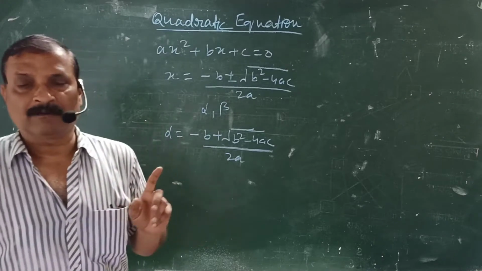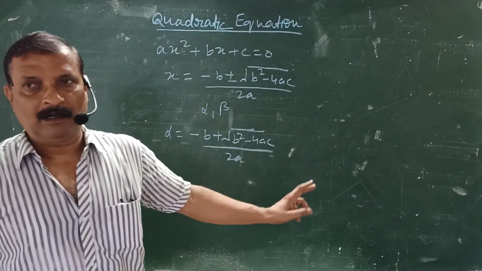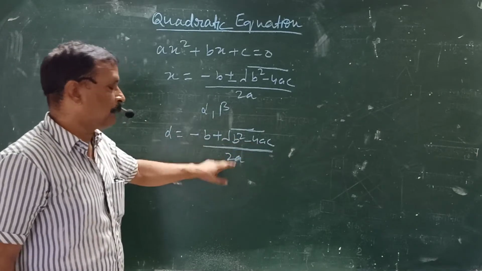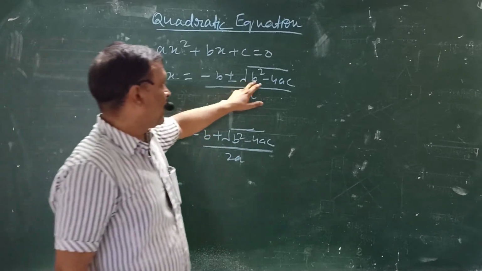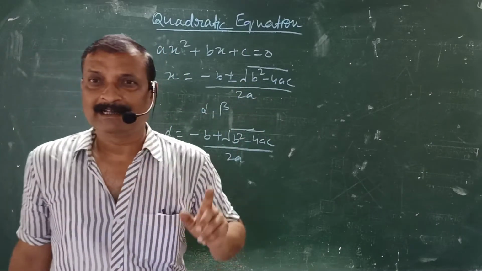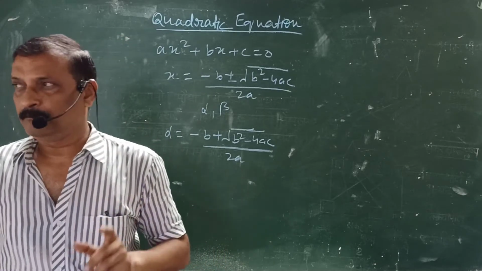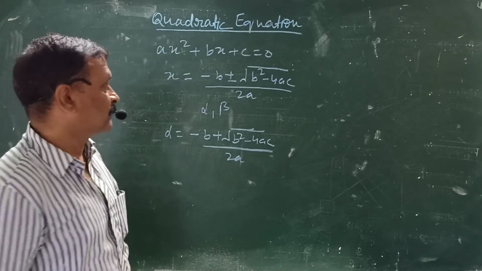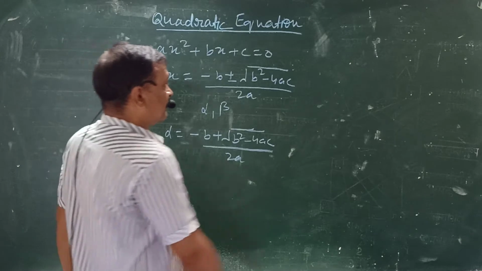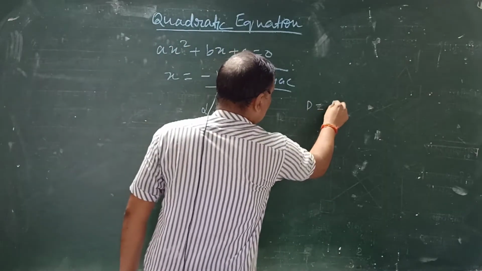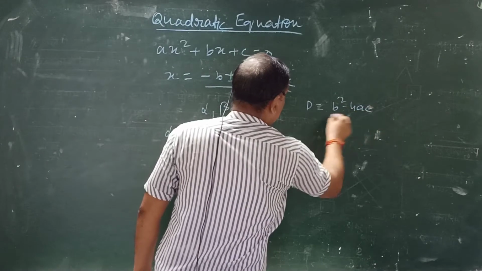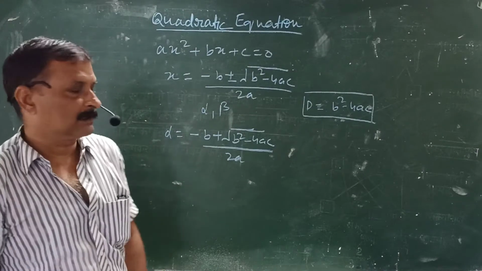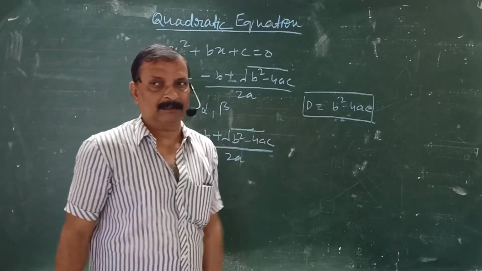Alpha is the first root of the quadratic equation, and the value of alpha is minus b plus root b square minus 4ac upon 2a. b square minus 4ac is known as the discriminant of the quadratic equation, and it is denoted by D. D is the discriminant, and D is equal to b square minus 4ac.